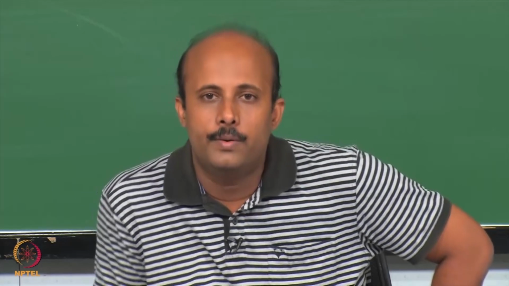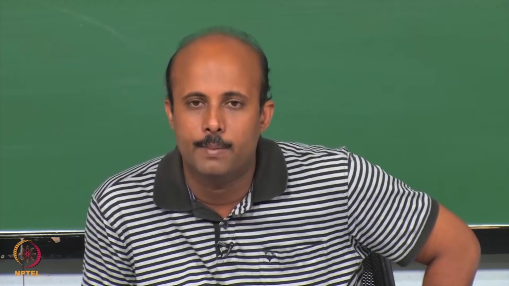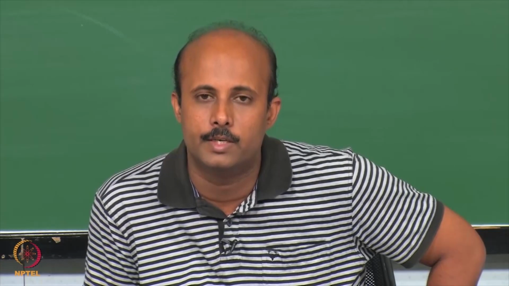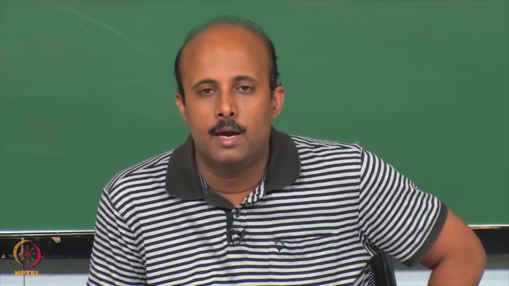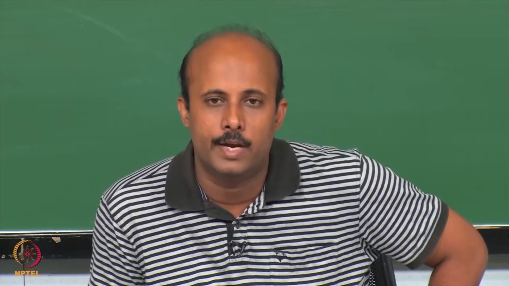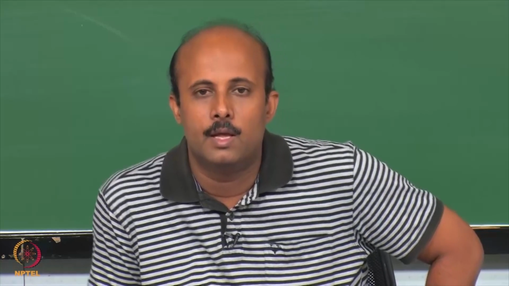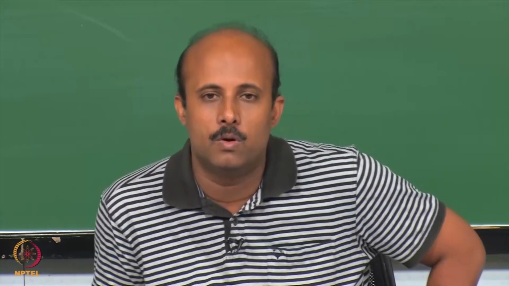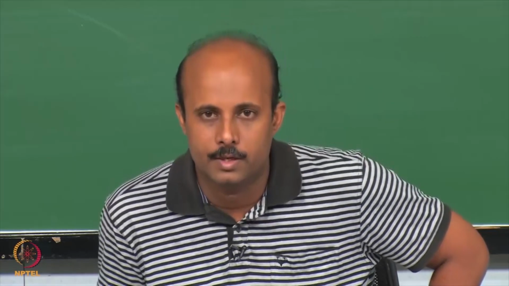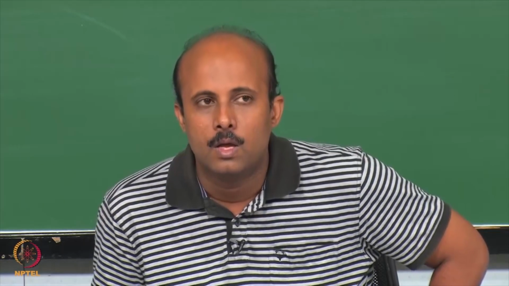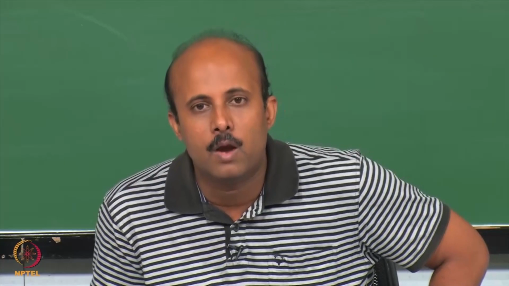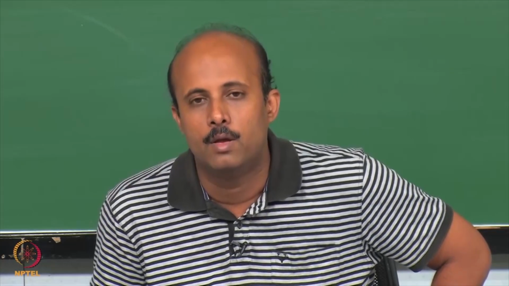What you need is, if you know all the linearly independent solutions of the homogeneous equation, and a particular solution of the given non-homogeneous equation, then the sum of these two, the general solution of the homogeneous equation and a particular solution together, will be the general solution of the non-homogeneous equation. So if you want to solve the non-homogeneous equation, you should have the general solution of the homogeneous equation.